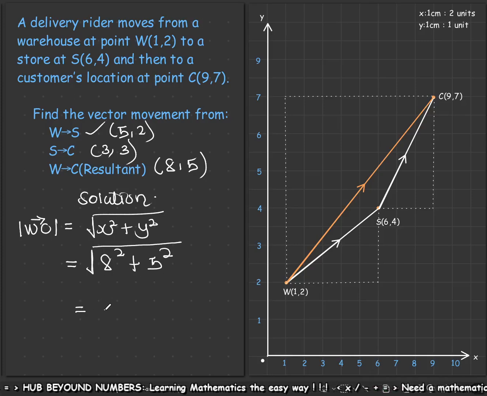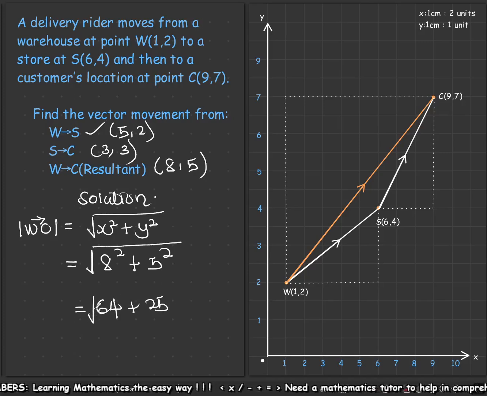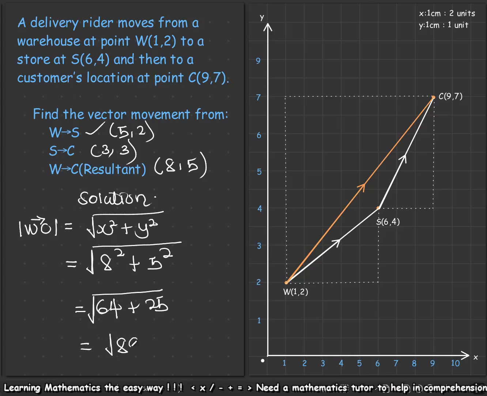Evaluating this, 8 times 8 gives us 64, plus 5 squared, which is 25. Adding these, we have the square root of 89 as the magnitude of WC.